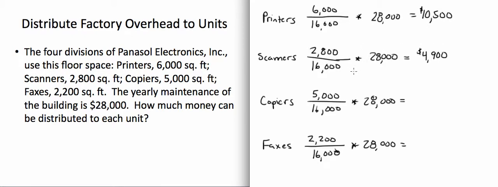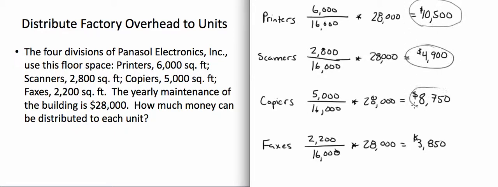And then for the copiers, we get 8,750 for the copiers. And then the faxes is 3,850. So these are the total values for each spot that we're looking for.